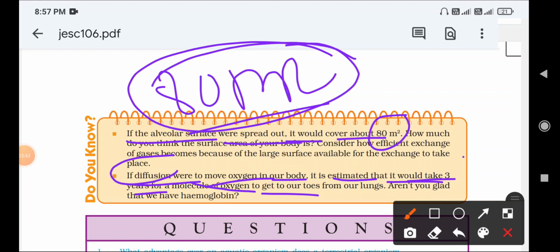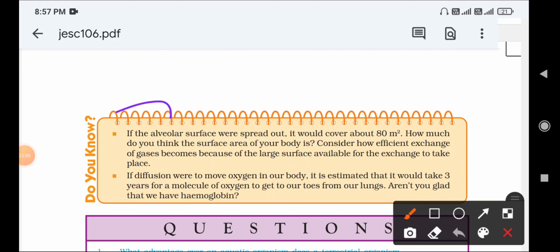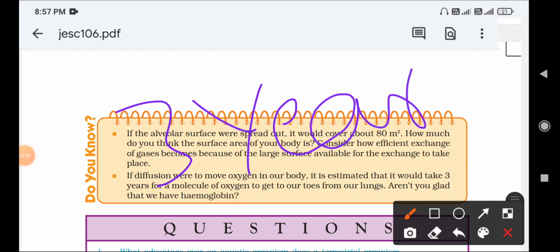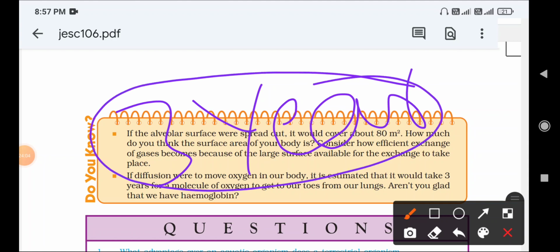So if oxygen passes from the lungs to the toes by the process of diffusion, it would take 3 years.